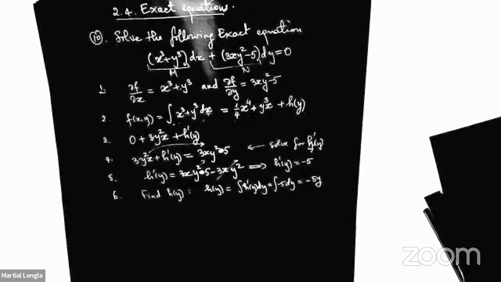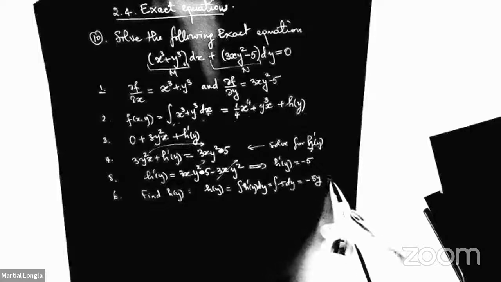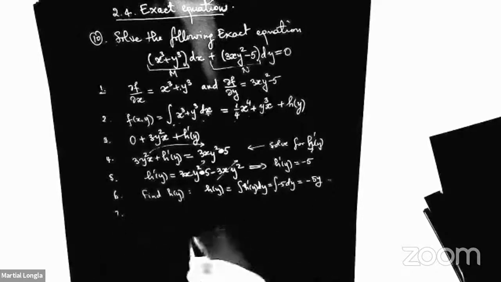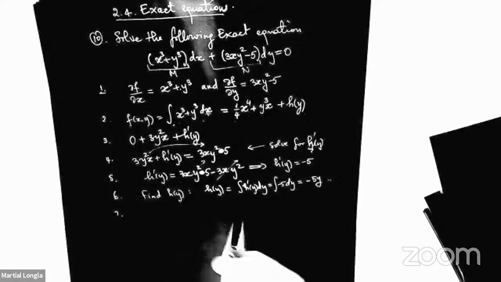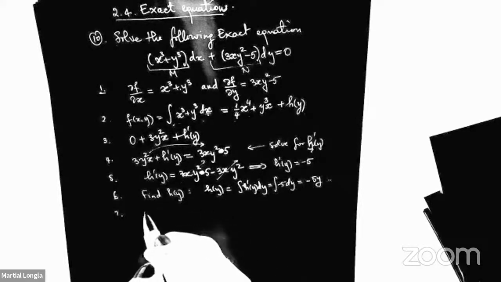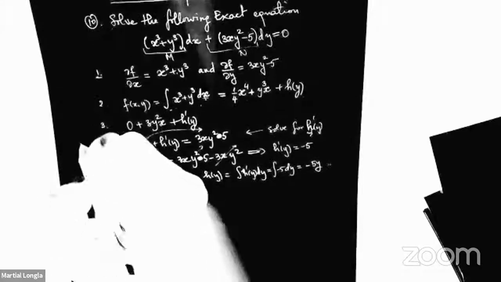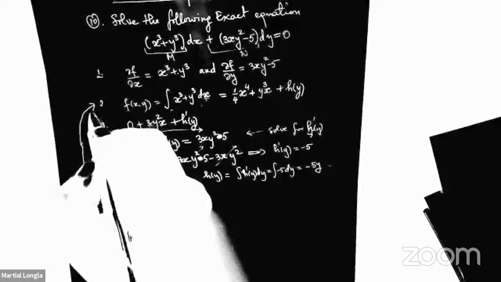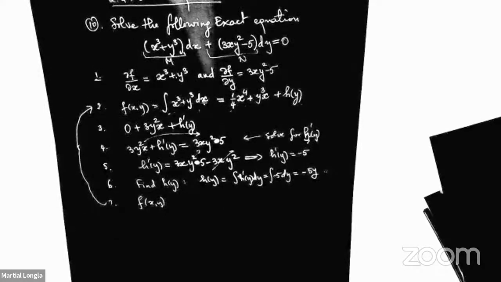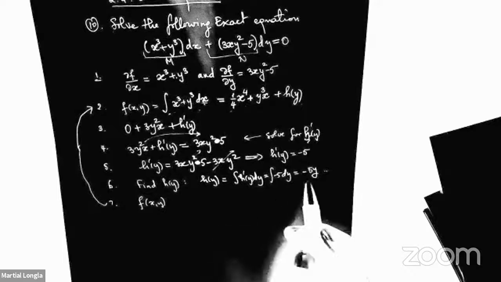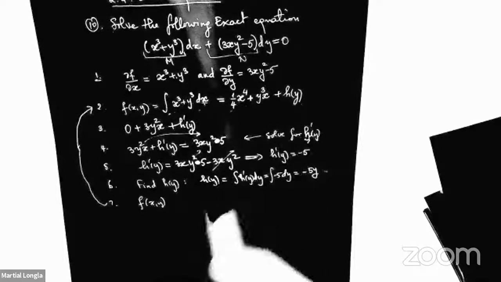Again, in this problem, we don't care about the constant of integration at this point because we know that we are going to add that as the right-hand side. And right here, we are taking this thing and returning to put it into this formula. So we are taking the -5y back to plug in there.